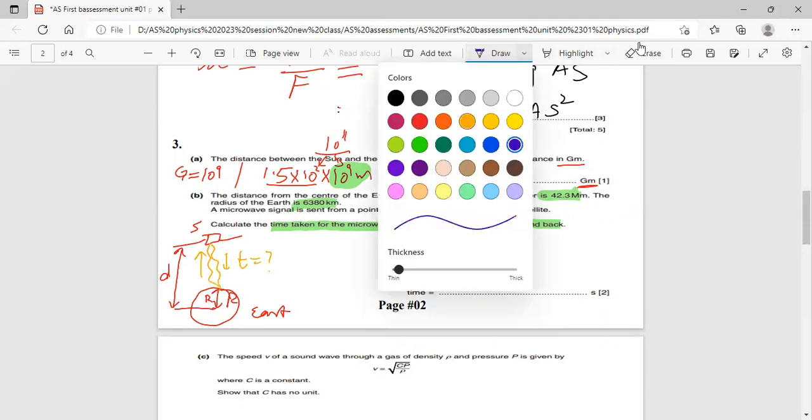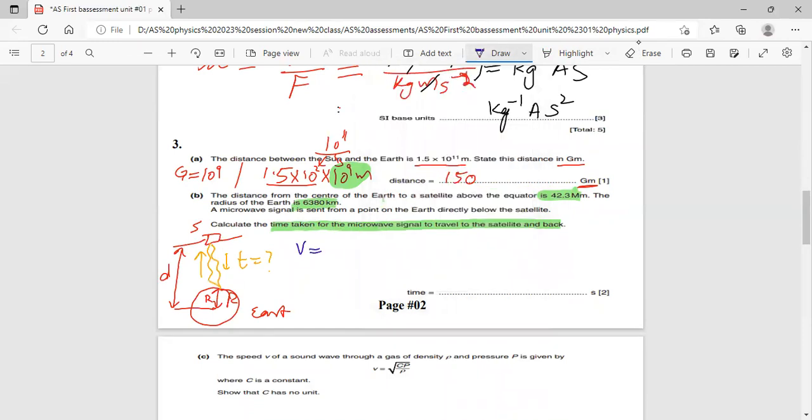Okay, so we have to use the formula v equals d by t, and from here t is d by v. So how much is the distance to and fro? You know that this is the distance from the center of Earth to the satellite, and this is the radius. So we have to subtract them, and we have to multiply that distance by 2, because the signal is going up and then coming down.